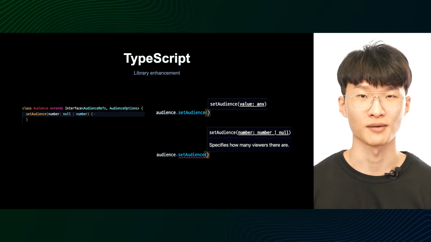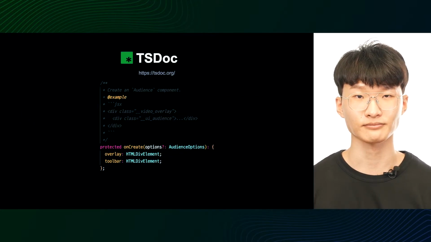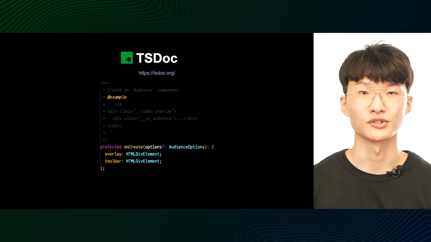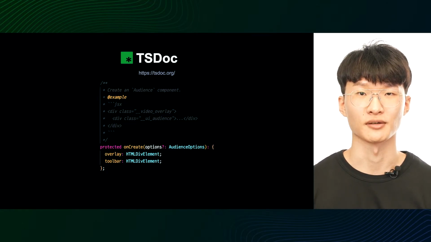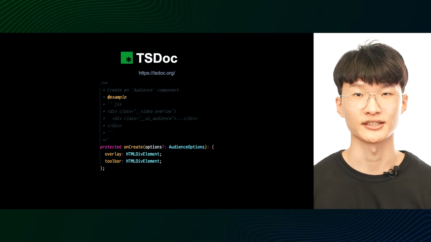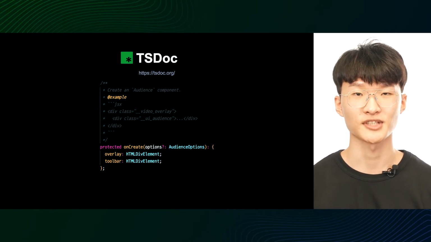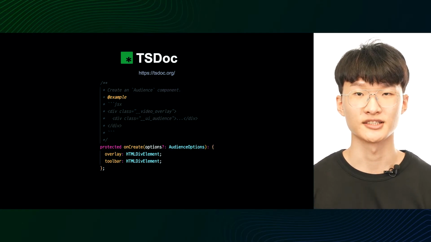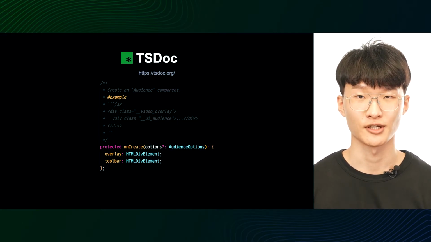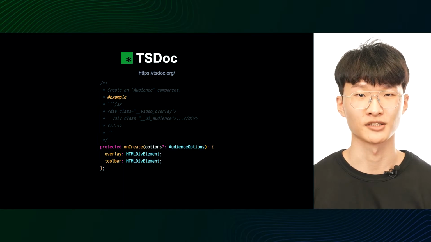And if tsdoc is added here, the effect multiplies. tsdoc is a tool that can maximize the IDE's IntelliSense using only comments and simple syntax. Let's take a look at this image. Here, the keyword example is used and a markdown tag in JSX form is provided.